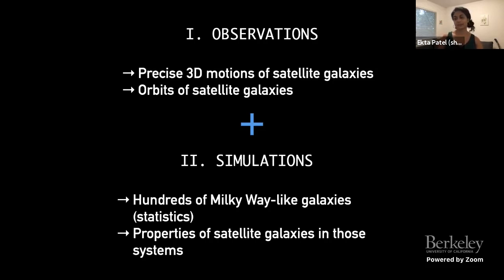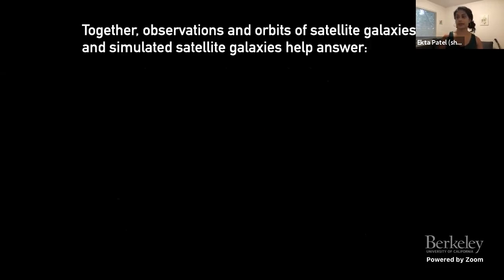So we essentially get hundreds of replicas with slightly different properties of our own Milky Way and the satellites around our Milky Way. And so together with both of these sets of information, we can answer some more specific questions about the satellites of the Milky Way, or the satellites in the local group in general, and also questions about our own Milky Way galaxy.